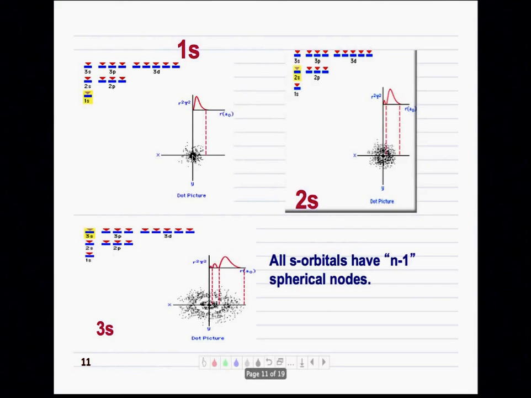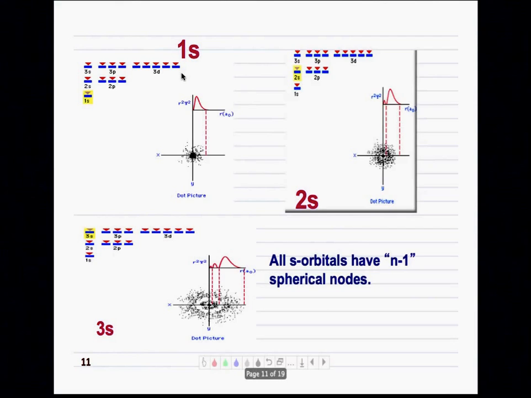And that probability decreases as you go away, because in here the dots are fewer. So mainly the density of those dots, how many of them are there, represents a probability. Okay, so we call this the dot structure. Now this represents the 1s.